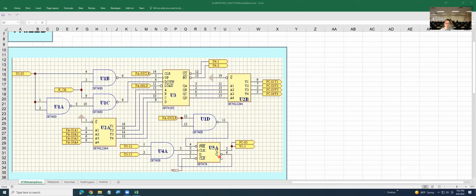For a D flip-flop, if you connect not Q back to D, that means it will toggle every time you get a clock coming in. So when they reach 15, you get a clock going into U5. It toggles. That means output pin number 5 was 1, now it goes to 0. The 0 here goes back to pin 1 here. Then that will change the counting up to the counting down.